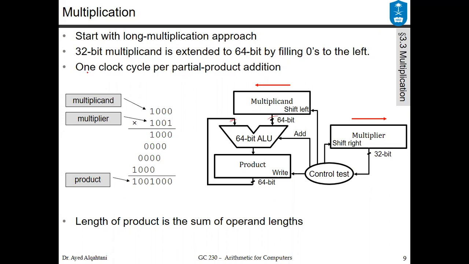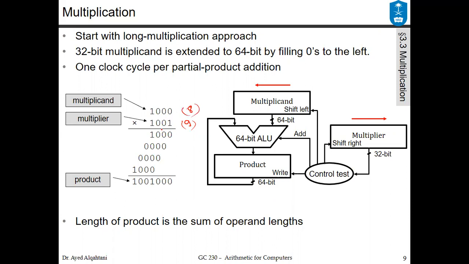To understand what we mean by this, here's a very simple example of multiplication where this is the multiplier and this one is the multiplicand. As you can see, we have the decimal value 9 as the multiplier, and we have 8 as the multiplicand.